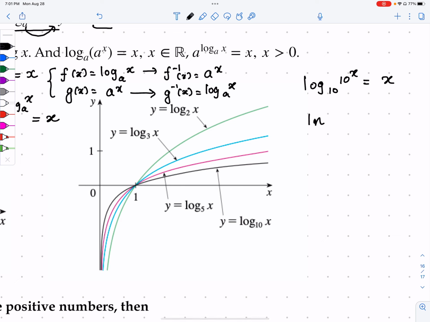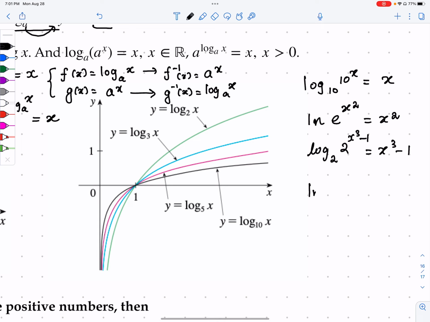Log or ln of e to the x squared would be x squared, because ln and e are inverse of one another. And log 2 to the x cubed minus 1 base 2 would be x cubed minus 1.